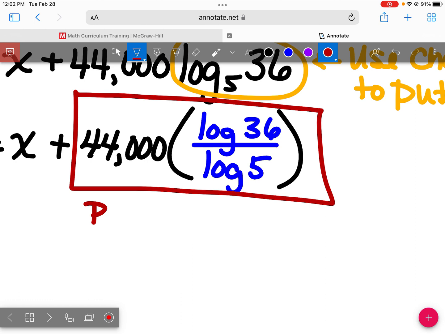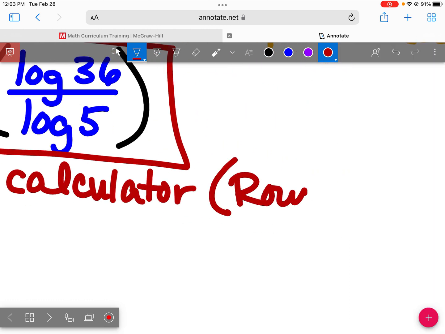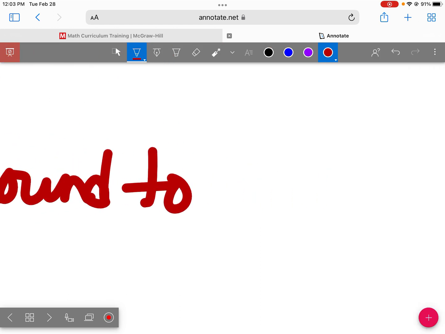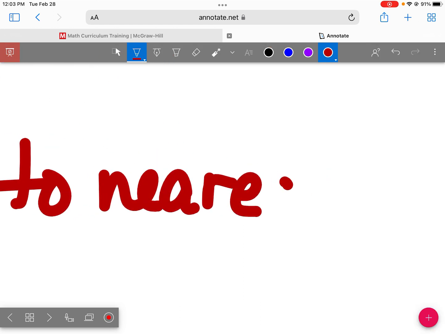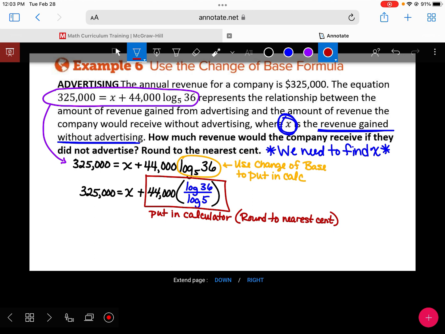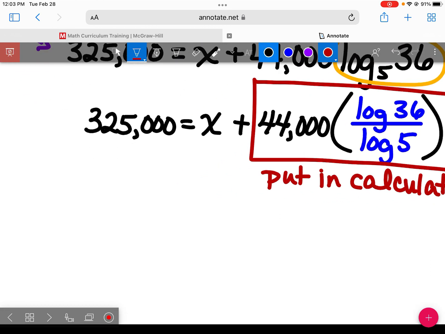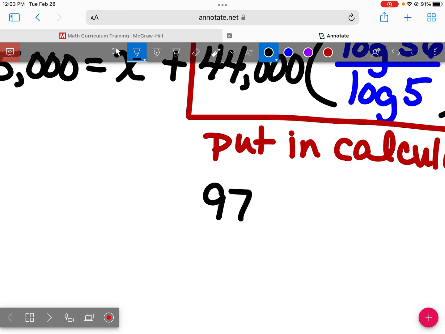Put this in your calculator. Round to the nearest cent. That's what it tells us right here. So I'm going to put 44,000, parentheses, fraction log 36 over log 5, and then I'm going to hit enter. 97,968 and 88 cents.